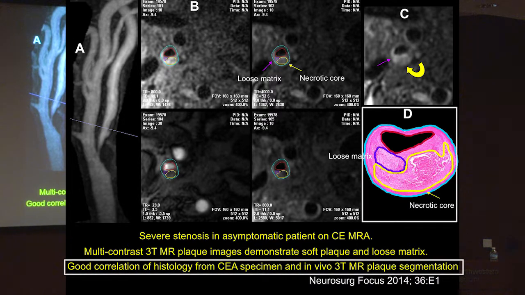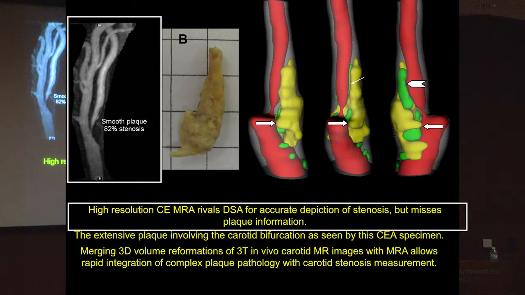And then I participated in a multi-institution histological validation study that showed that this area that didn't enhance on post-contrast T1, dark on T2, corresponded very nicely with histologically validated necrotic core. So when we say dark on T1, non-enhancing area is necrotic core, we have histological proof behind us.